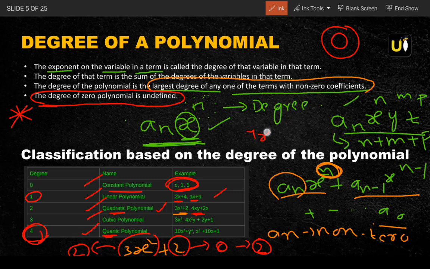We have to add the degree exponents of these two variables. That's why this is a quadratic polynomial. Same, this is a cubic polynomial with degree 3. Cubic polynomial means the polynomial with degree 3. Quartic or biquadratic polynomial means the highest exponent or the highest degree of all the terms is 4. So this is a classification based on the degree of the polynomial.